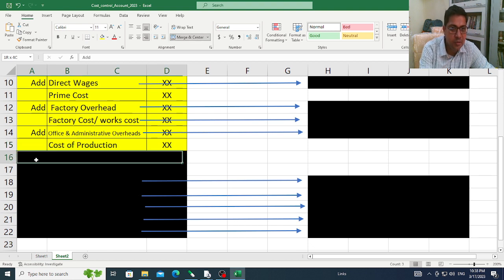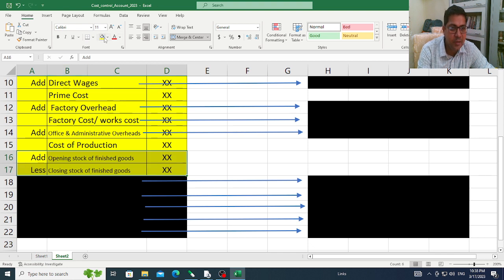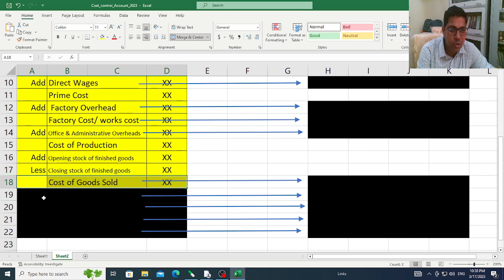After getting the cost of production, we add opening stock of finished goods and deduct closing stock of finished goods, and we get the cost of goods sold.